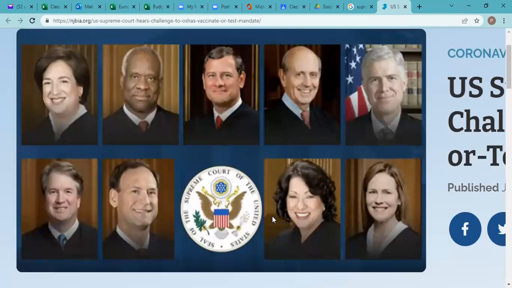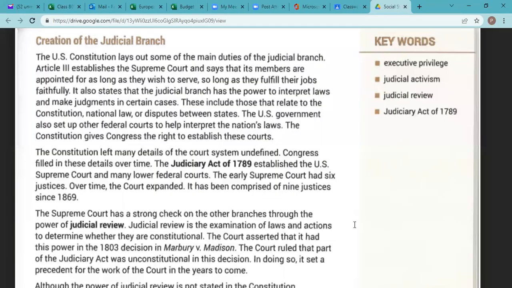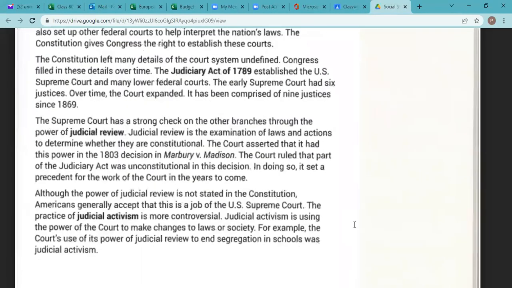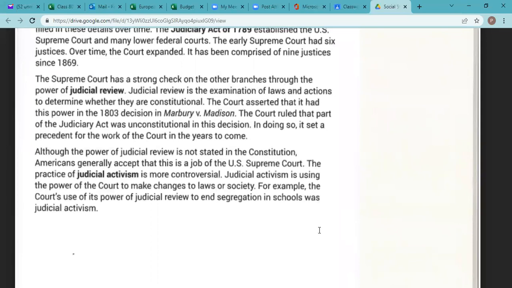But both of them didn't serve at the same time. So again, find out some extra information if you want. You know, who are these people? Okay. So currently we do have 9 justices.